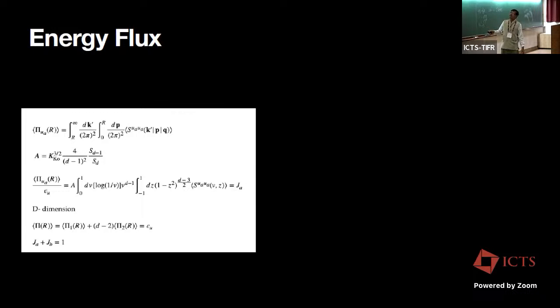And I said this integral is finite. I get a number, and this is proportional to a constant A, which is proportional to K to the 3/2, the Kolmogorov constant, a non-dimensional constant, to the 3/2.